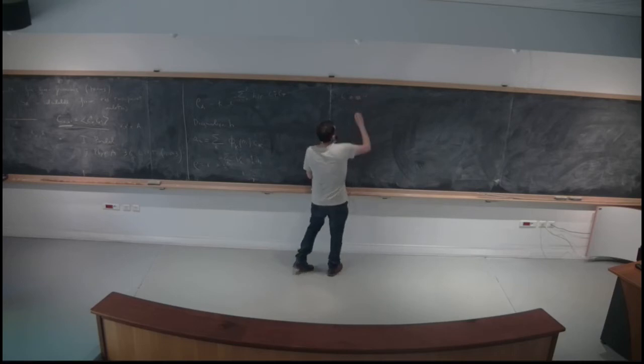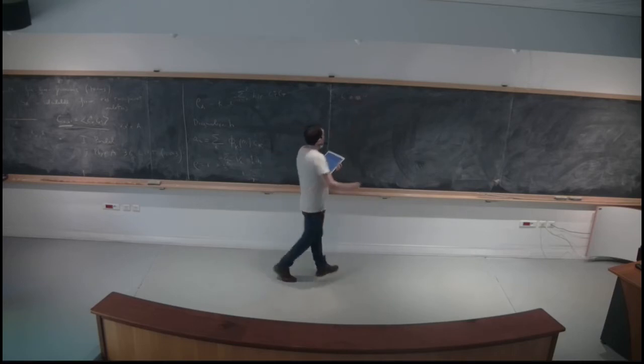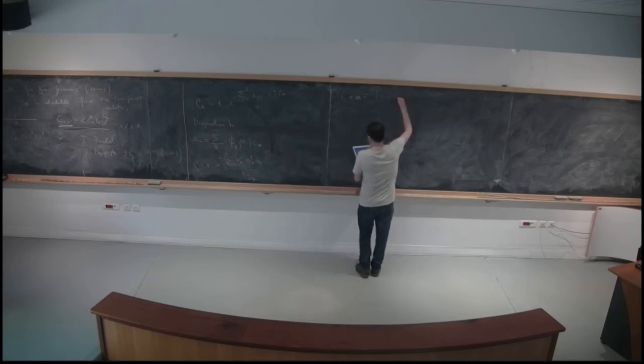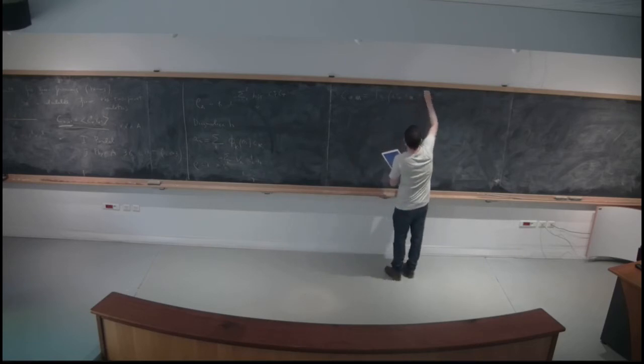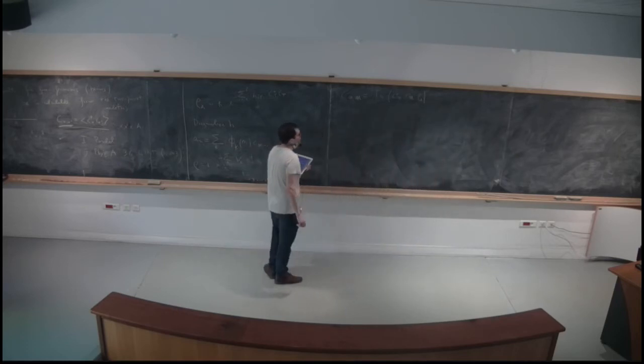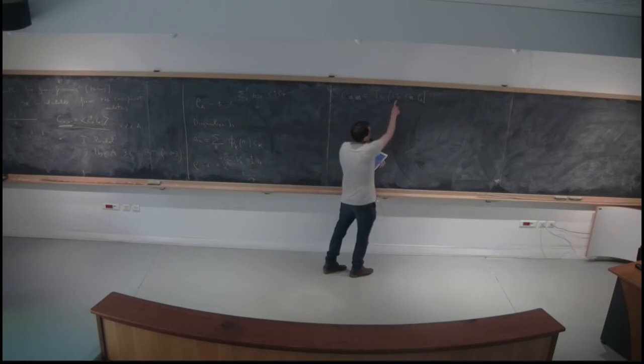The correlation matrix has to be equal to the trace of c dagger c times rho.